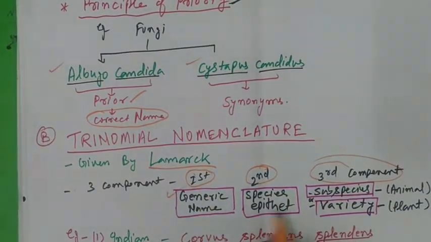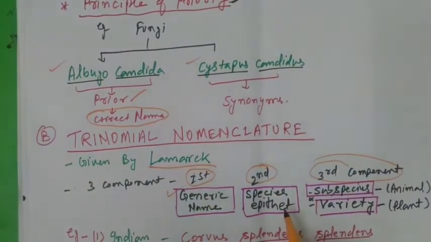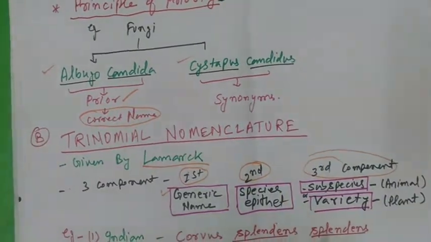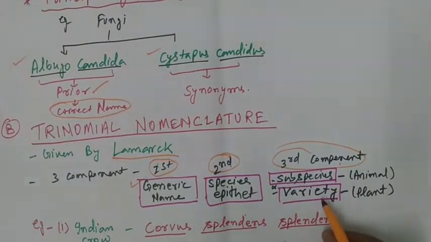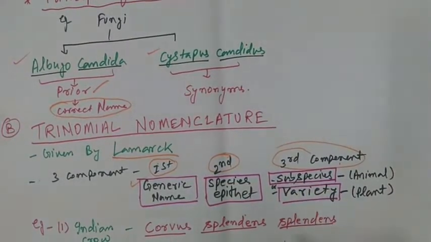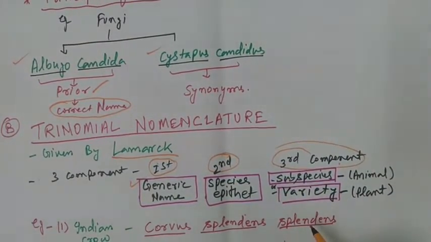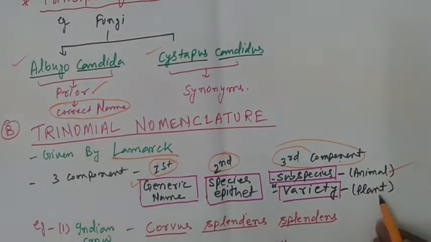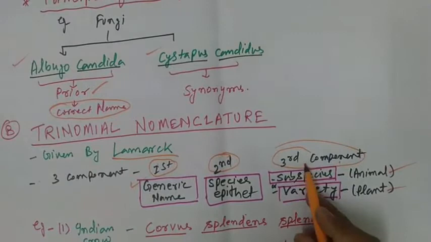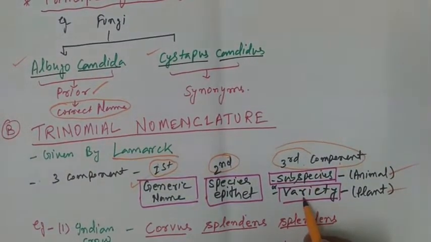The second name, like binomial nomenclature, represents the species epithet. Here there is something new. The third component represents the subspecies if we are considering animals. And if we consider a plant, then the third component represents the varieties.